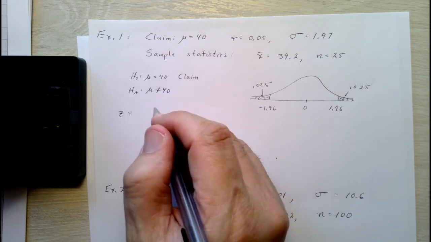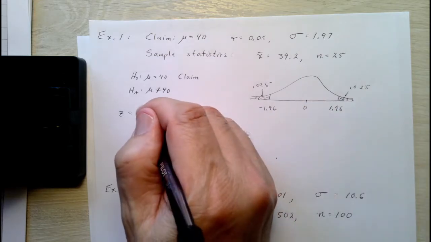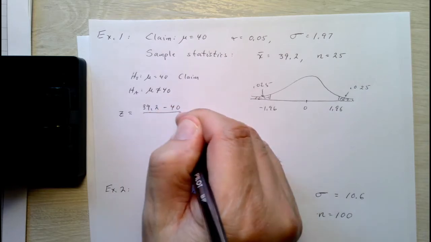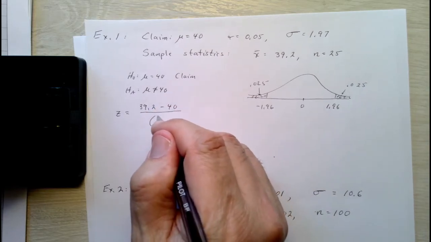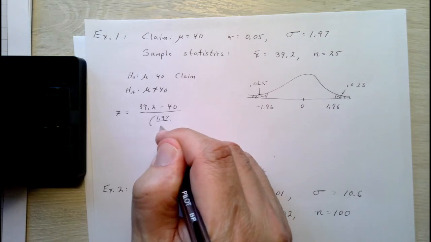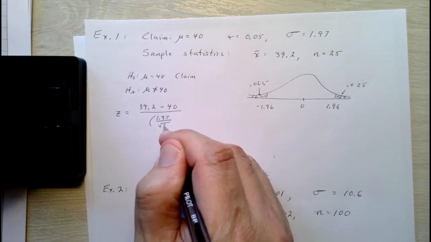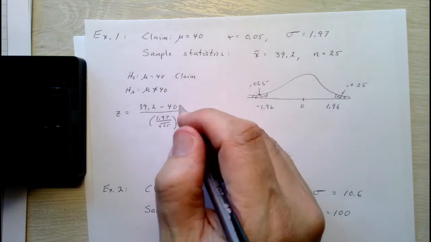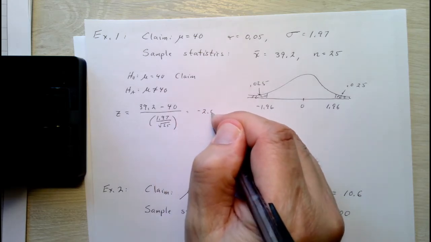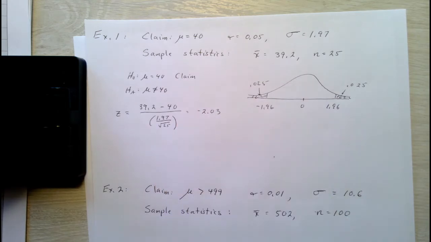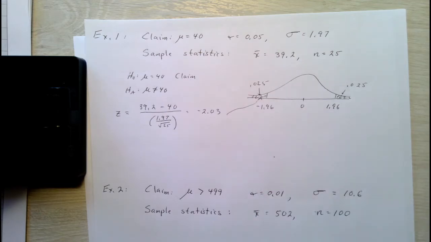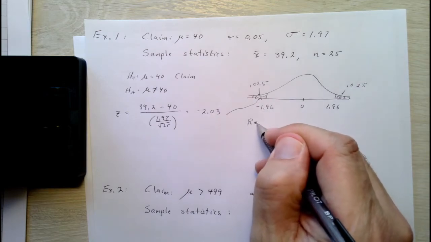This is going to be x bar, so that's 39.2 minus 40 divided by 1.97 over the square root of 25. On the calculator this turns out to be negative 2.03, which we can see is in the rejection region. It's certainly less than negative 1.96. So we reject the null hypothesis.